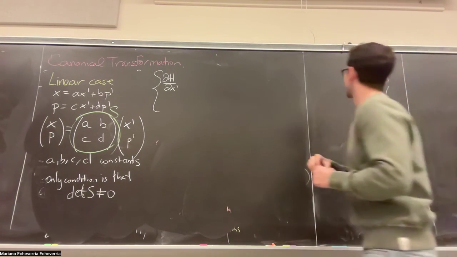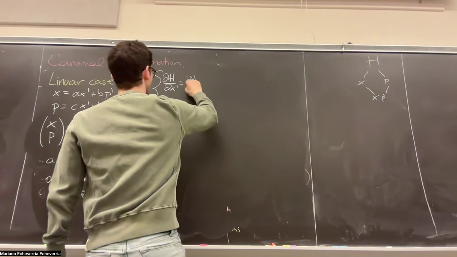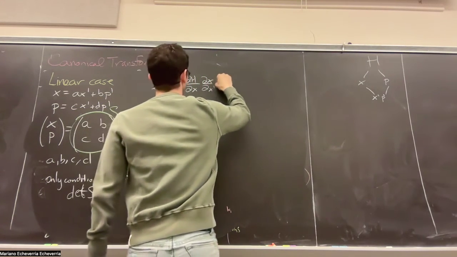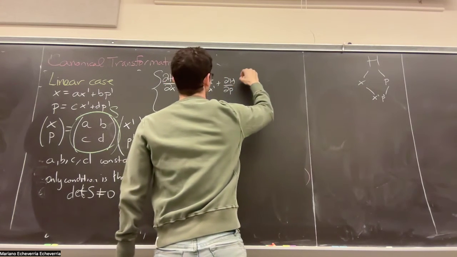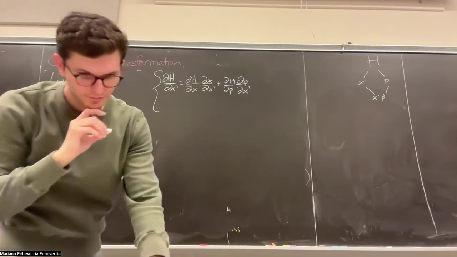So the derivative of H with respect to x prime is the derivative of H with respect to x times the derivative of x with respect to x prime, plus the derivative of H with respect to p times the derivative of p with respect to x prime.